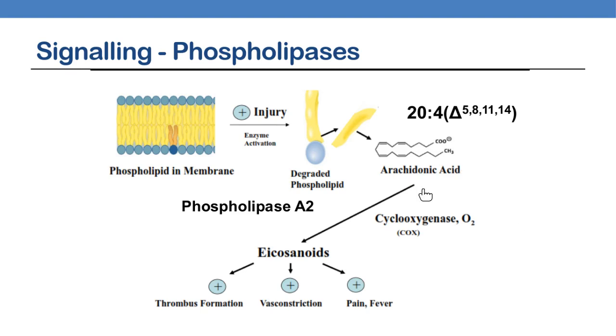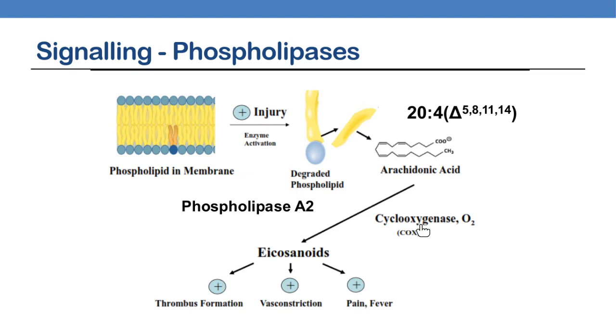Then this gets broken down by the COX enzyme. This then activates eicosanoids, probably pronouncing that wrong, which then signal for thrombus formation, vasoconstriction, and pain and fever.